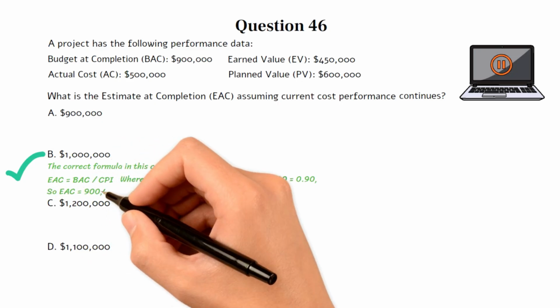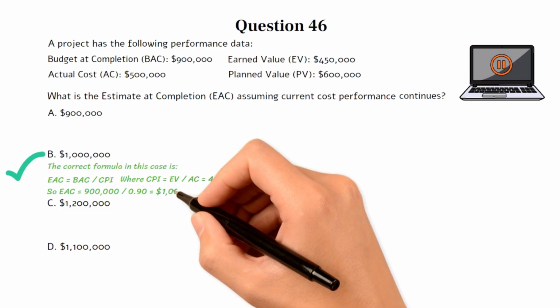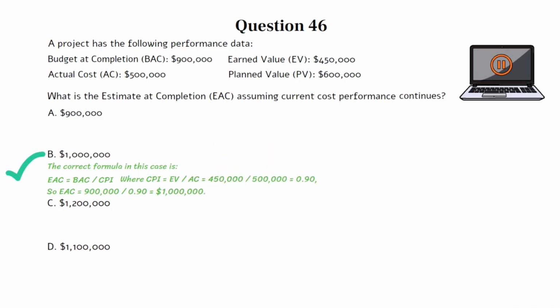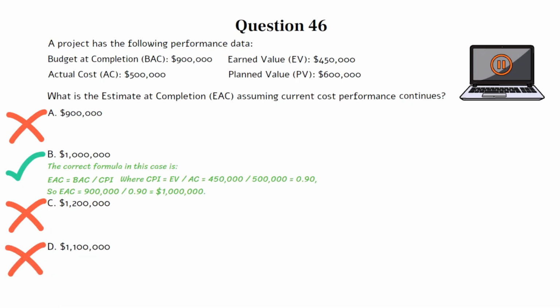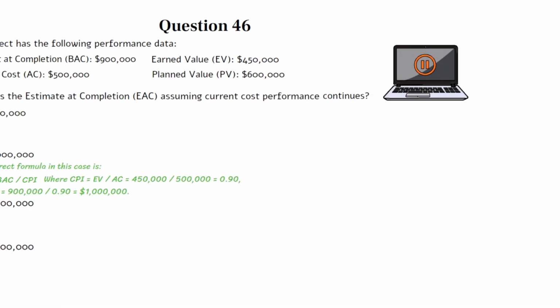So EAC equals 900,000 divided by 0.9 equals $1 million. Choices A, C, and D are incorrect. Let's move on to the next question if you're ready.